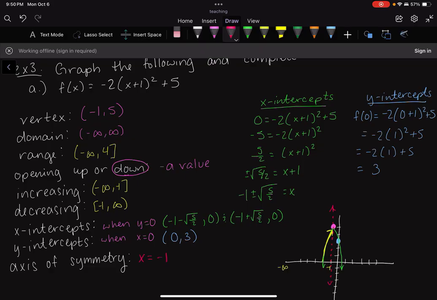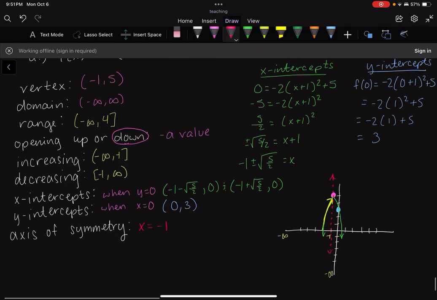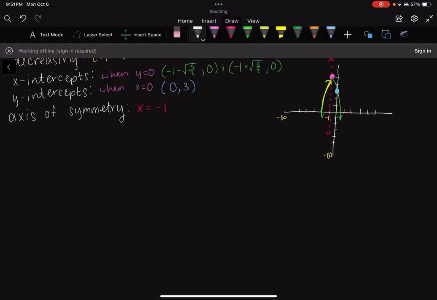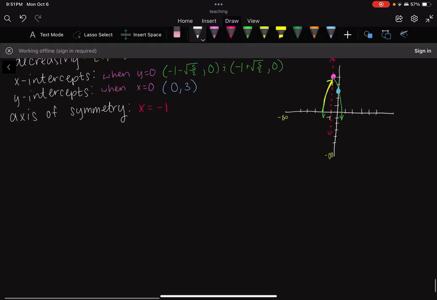I have another example. But I'm just kind of thinking. Yeah, I think let's do one more with the vertex form.